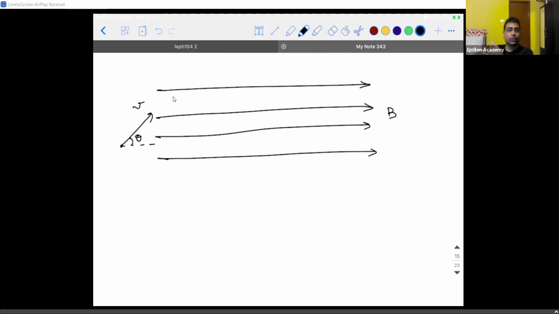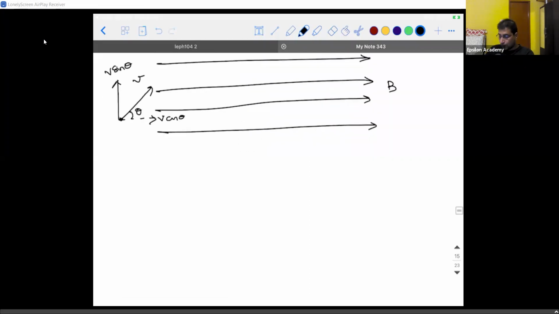What can you do to this velocity? It can be resolved into two components. One is v cos theta, and the second is v sin theta.